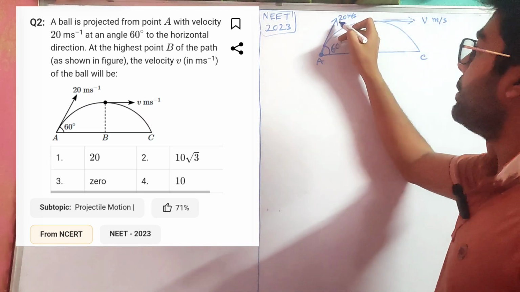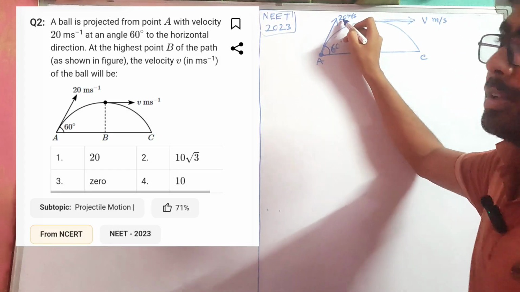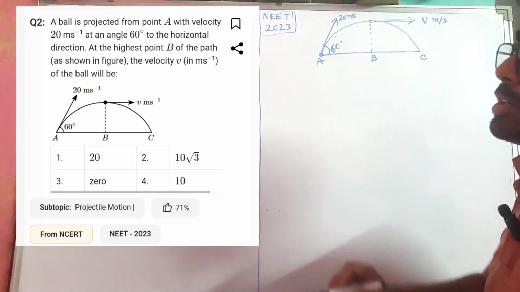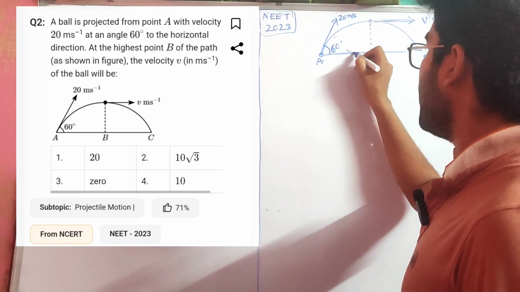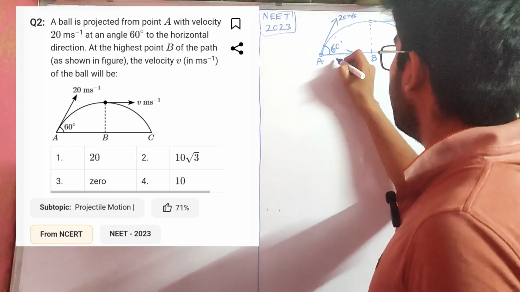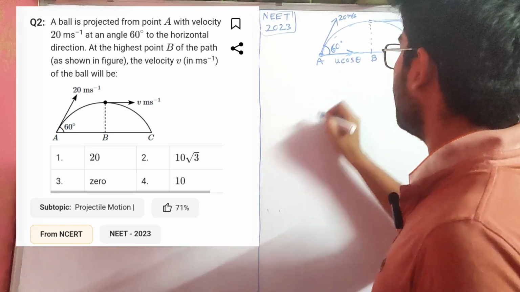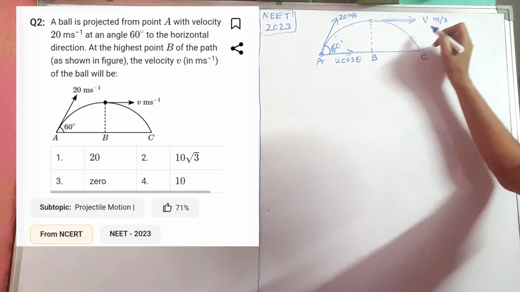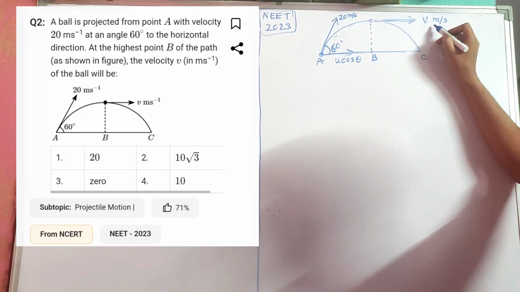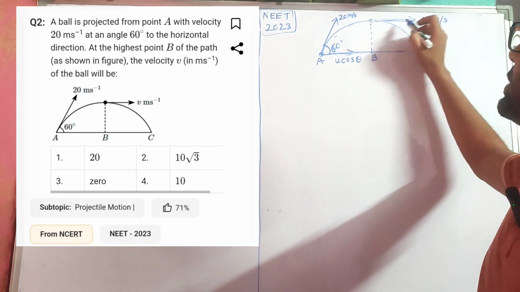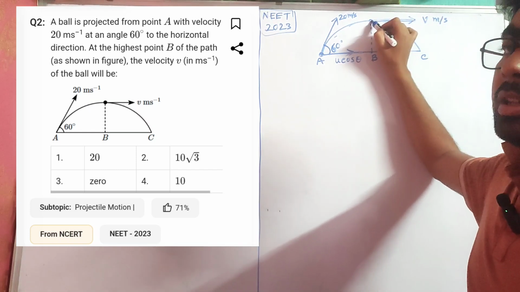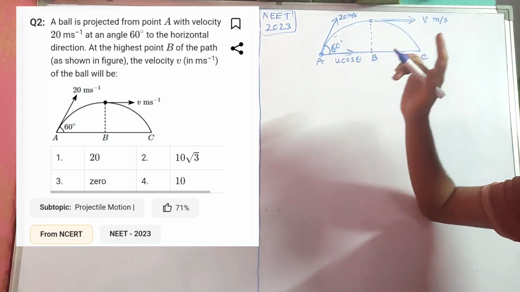We know the component of the initial velocity u, which is 20, along the horizontal axis is u cos theta. This is u cos theta, meaning v. We know v is the velocity at the highest point along the horizontal axis.